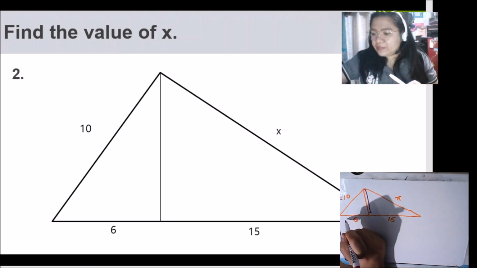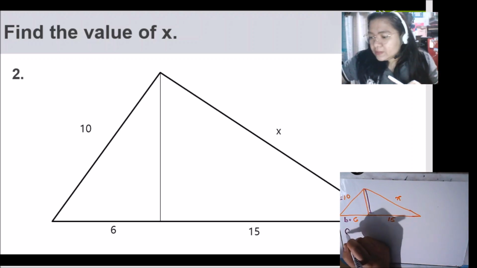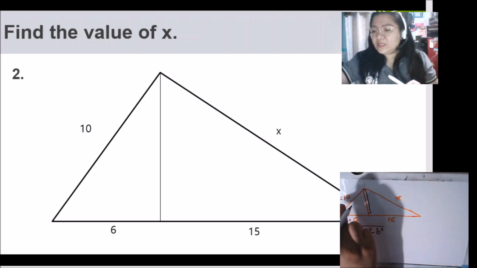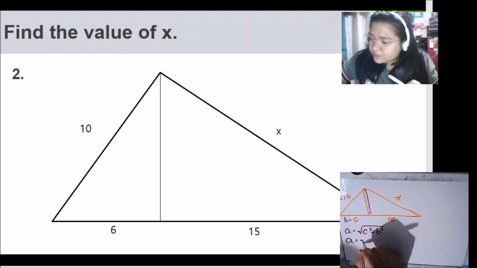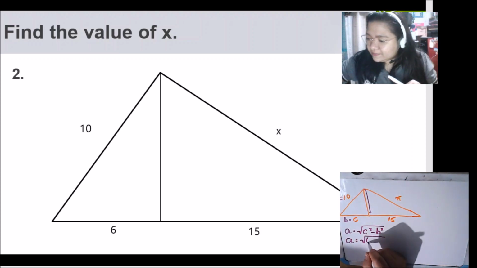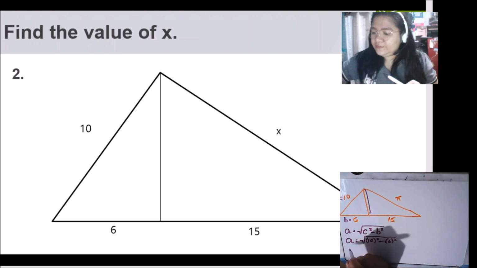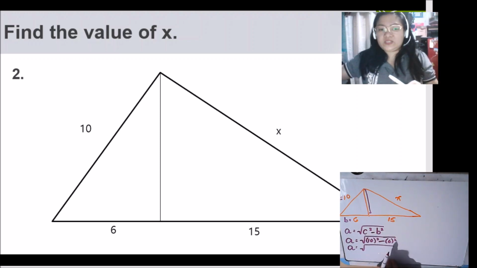Then 6 will be our base, B, and we are looking for A. So A is equal to the square root of the difference of C squared and B squared. Substitute the values that we have. So A is equal to the square root of 10 squared minus 6 squared.